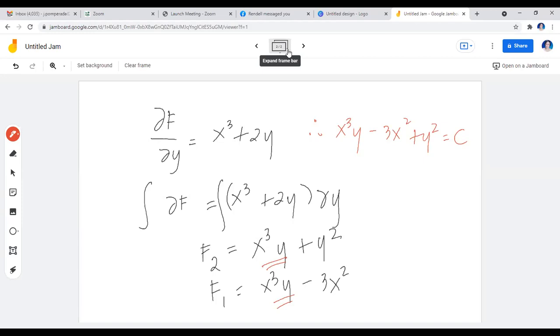You can study this for next week's quiz. For Wednesday, your asynchronous task is to look for a problem in the problem set which is exact and solve it using the technique we just discussed today. Then prepare for your other hour, which is also asynchronous. Prepare for your quiz on Monday.